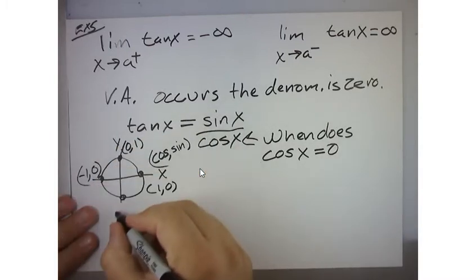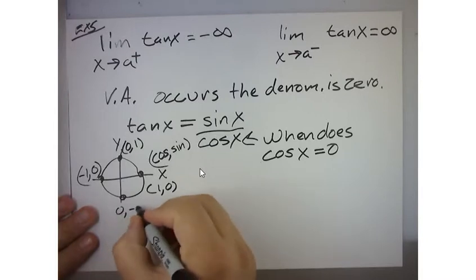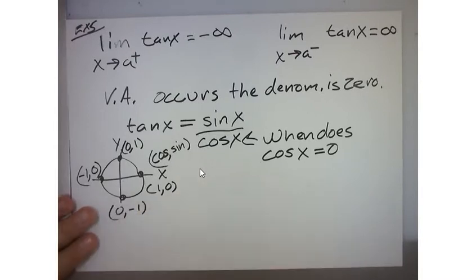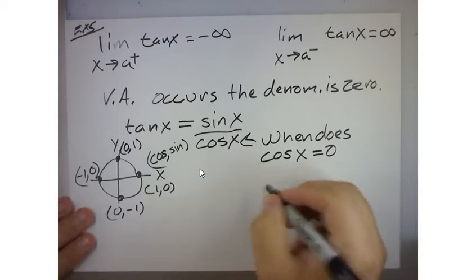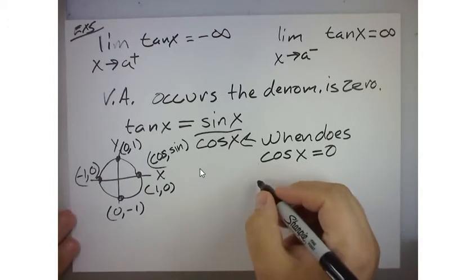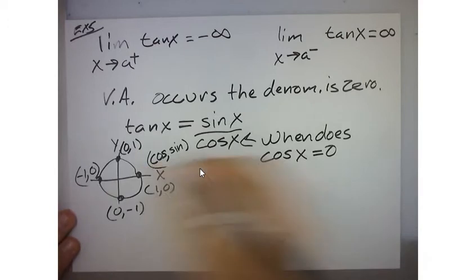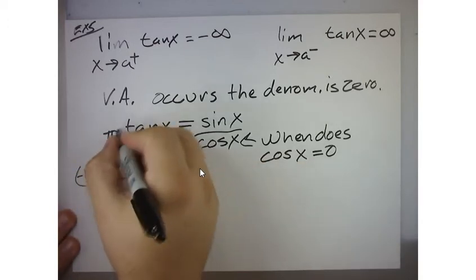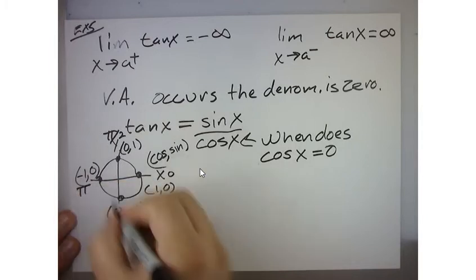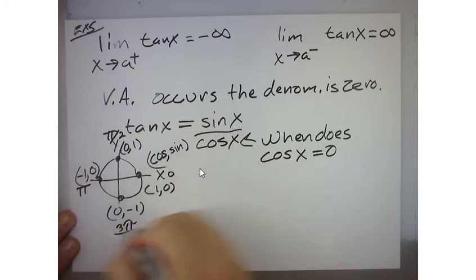This point here is 0, comma negative 1. So cosine is 0 when this is 0, this is pi over 2, this is pi, this is 3 pi over 2.